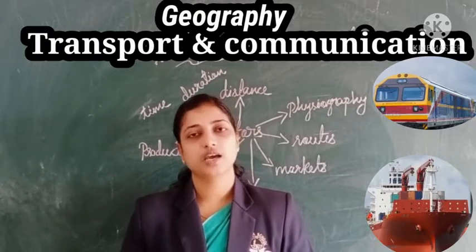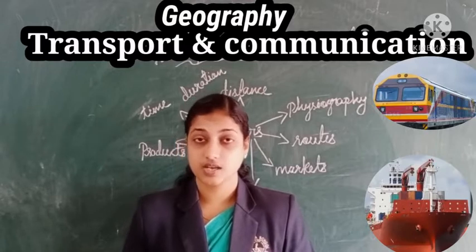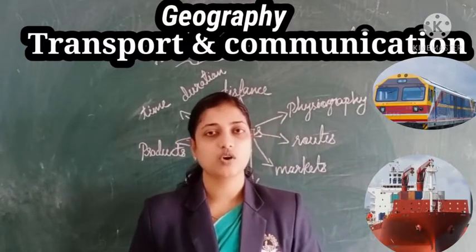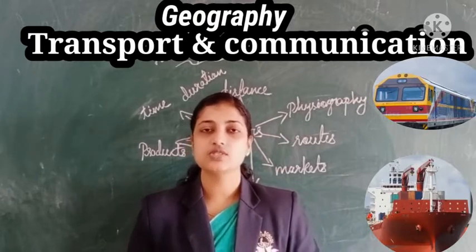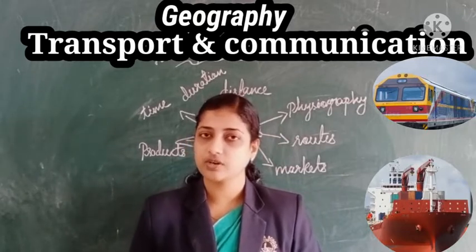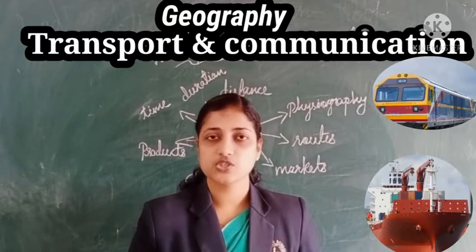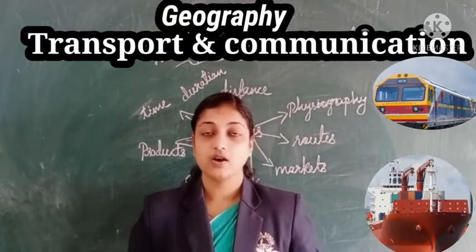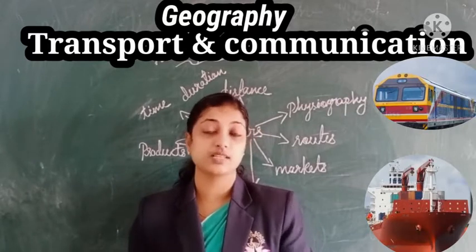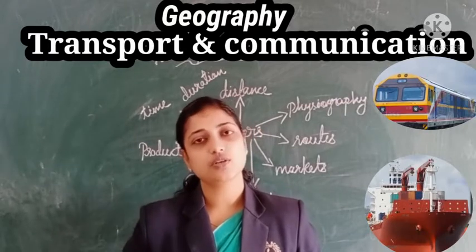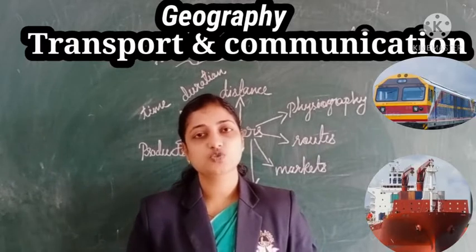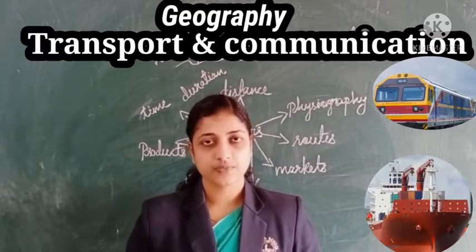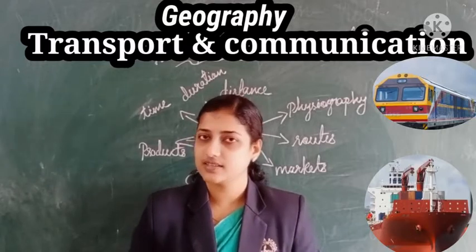We learned in the 9th chapter about trade that goods are produced in factories or industries, and these goods are transported from industries to shops, the wholesale market, and the retail market. So here transportation is playing an important role, and about that we are going to learn in this session.